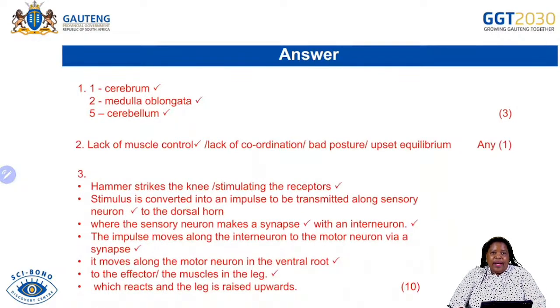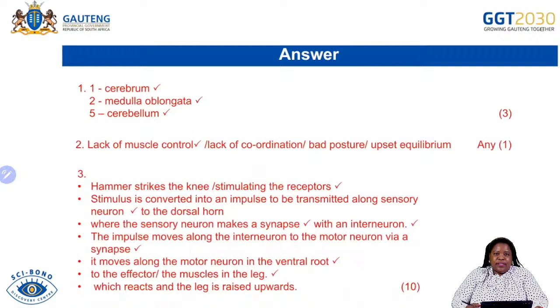Right, what will happen if one strikes you with a hammer on the knee? I take my hammer, I strike you on the knee. What will happen? The hammer strikes the knee and stimulates the receptors, okay?